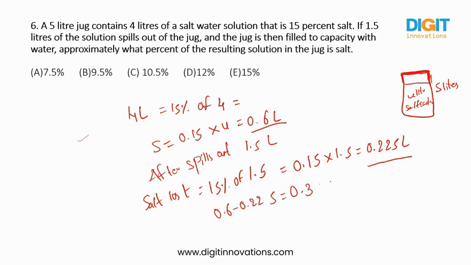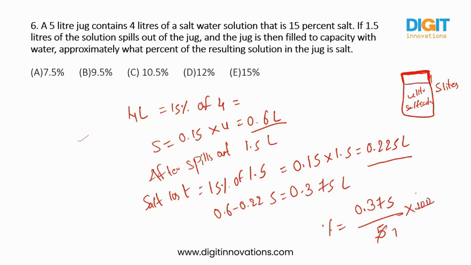So that means total remaining it will be 0.375 liters. Then I filled water with it and the total became 5 liters quantity. I have to find the salt in percentages. So total it is 0.75 by total 5 liters into 100.